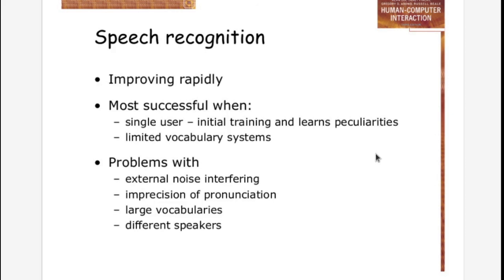And the problem with speech is noise interfering. If there is some noise, you cannot hear the words you have said. Of course, with pronunciation, there should be large vocabularies, and of course it should be tested with different speakers. But the positive thing is that you can use it as an alternative text entry device.